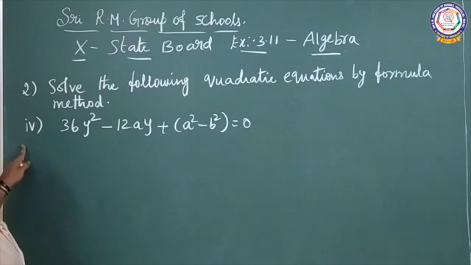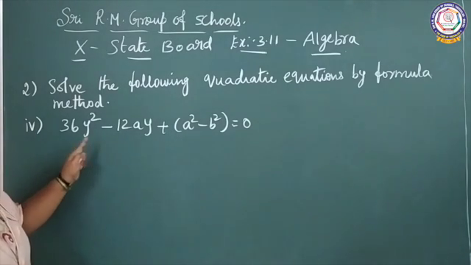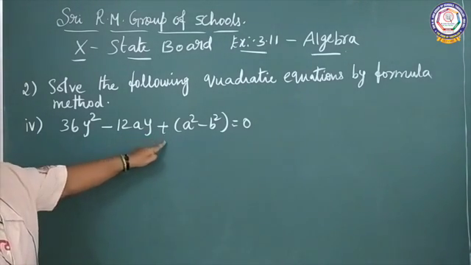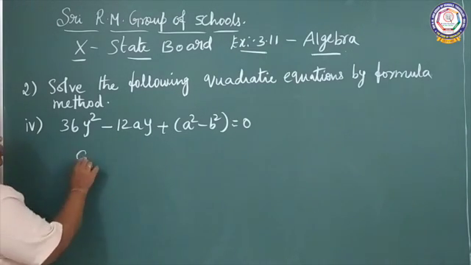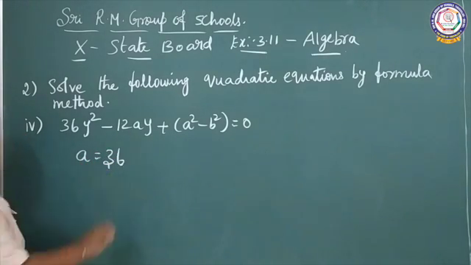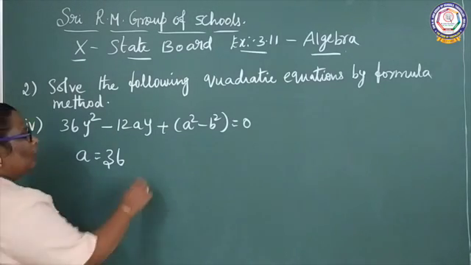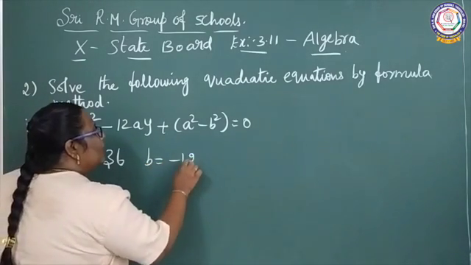Fourth subdivision: 36y square minus 12ay plus a square minus b square equal to 0. What is the value of a? a equal to 36. What is the value of b? b equal to minus 12a.